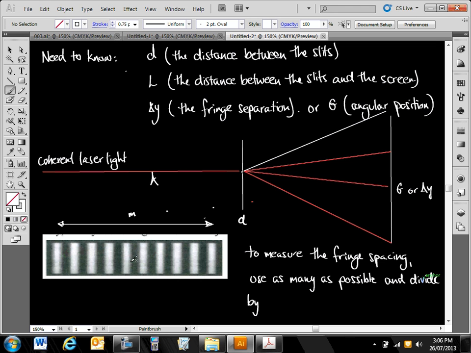Hang on, divide by the number of spaces.